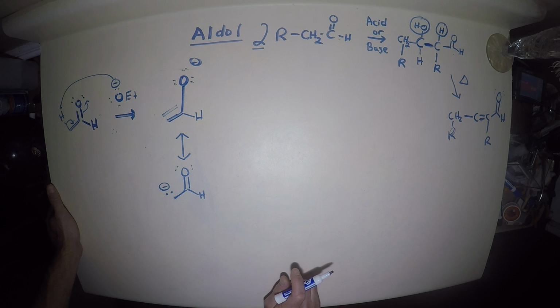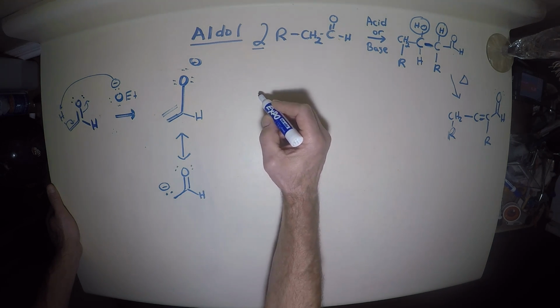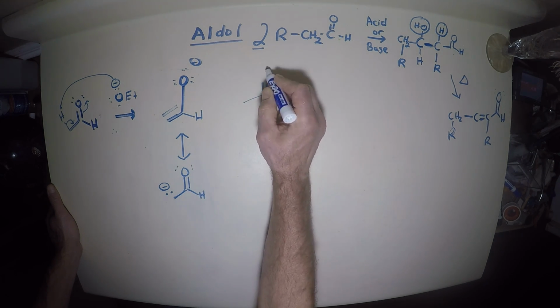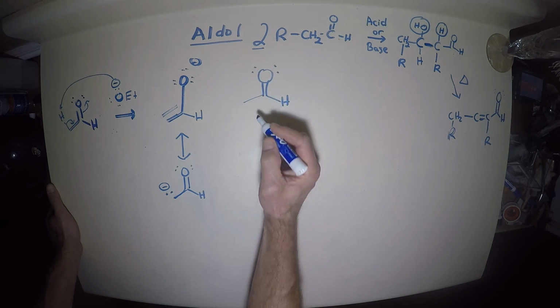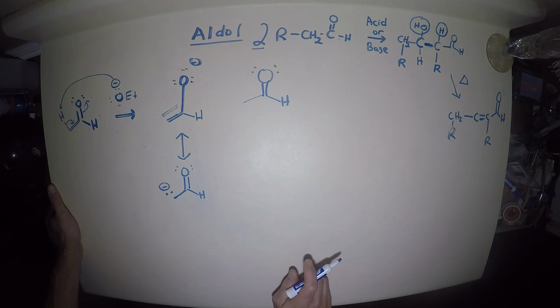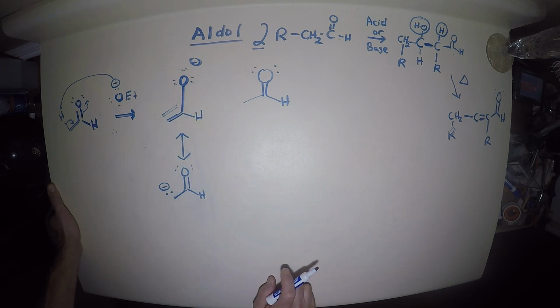And since it's a self-condensation, in this case we've formed our enolate, and now we can condense it on another molecule of the same original aldehyde, again in this case acetaldehyde. And you could choose either version of your enolate in your mechanism.